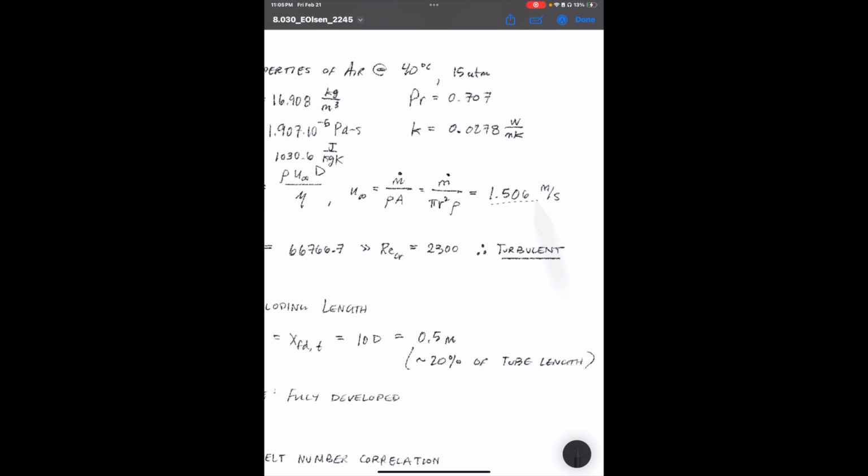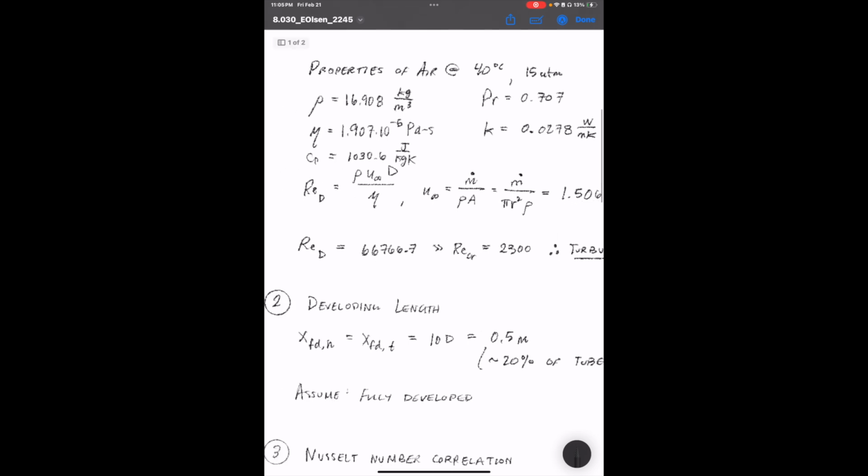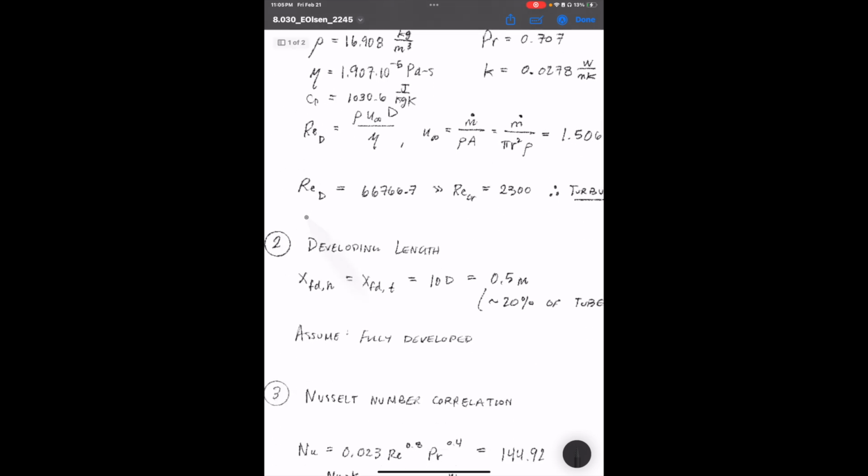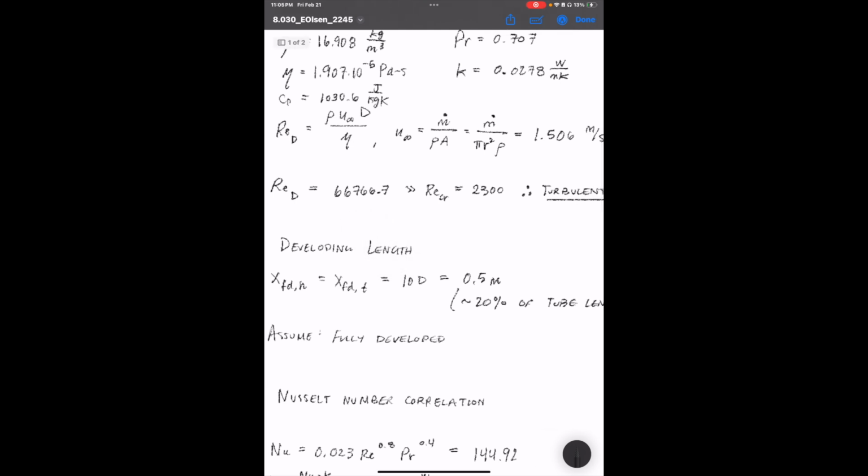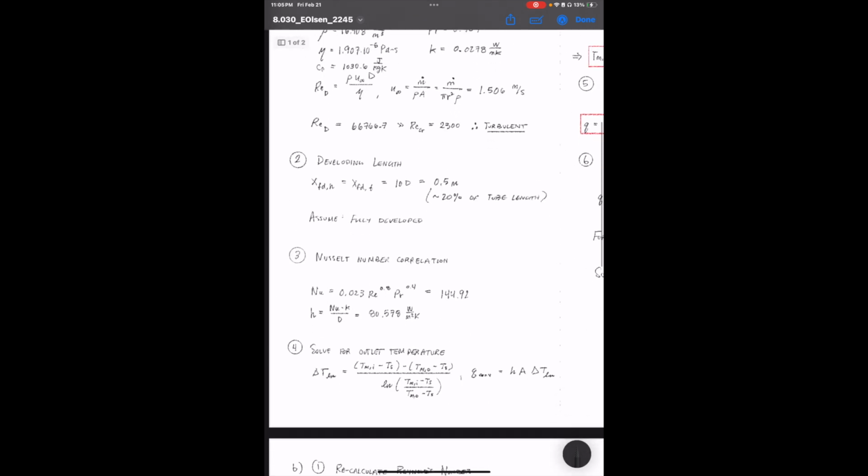That turns out to be around 1.5 meters per second. When we plug that into our Reynolds number, it turns out to be 66,000, which is much greater than our critical Reynolds number for internal flow in a pipe of 2,300. And so we can assume that it is turbulent flow here.